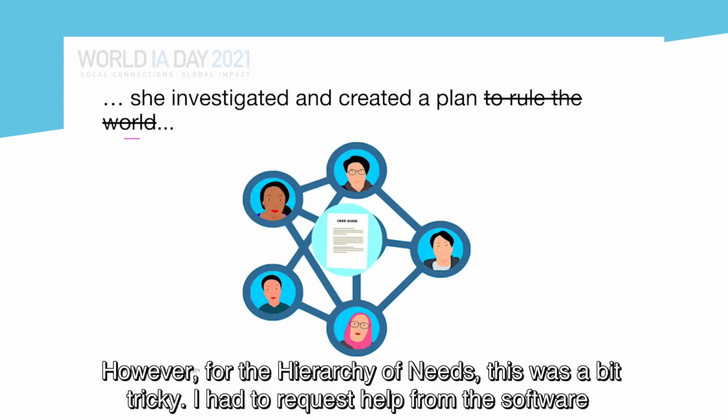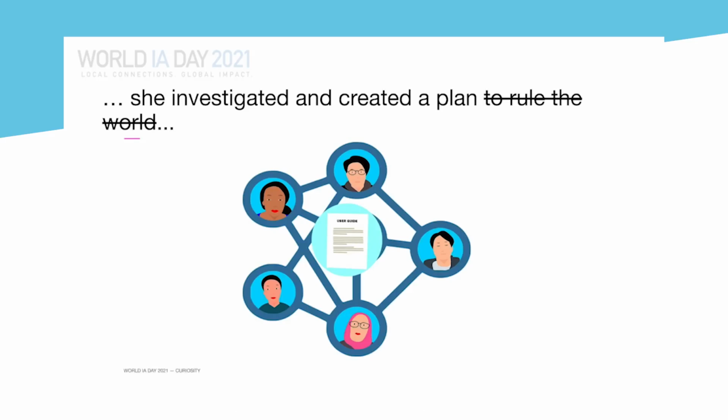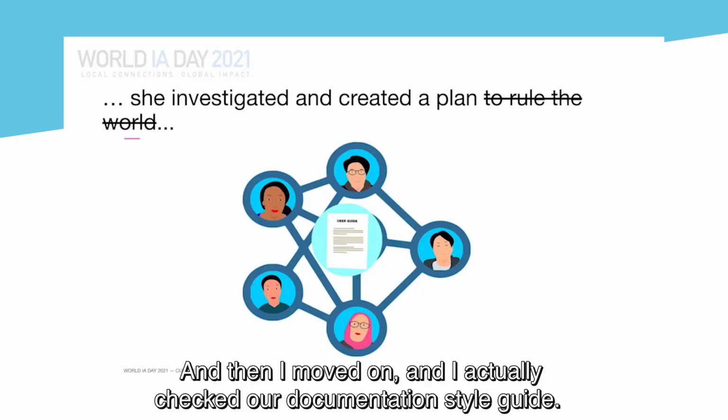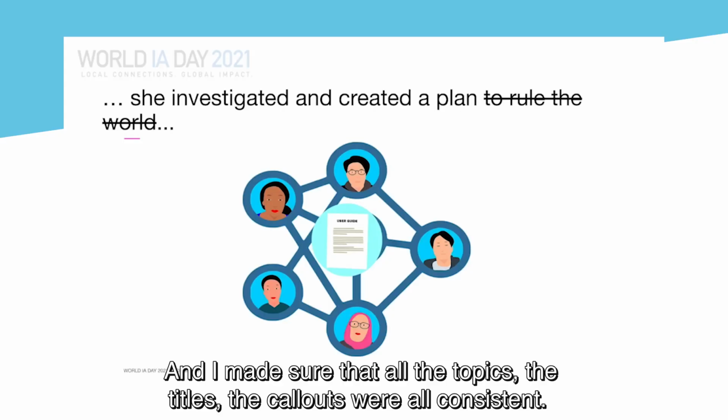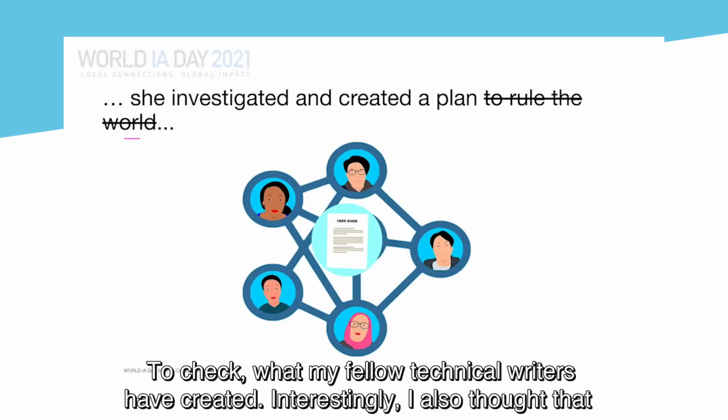I had to request help from the software development team to identify those things because I wasn't familiar with the entire product. And then I moved on and I actually checked our documentation style guide, and I made sure that all the topics, the titles, the callouts were all consistent. I went ahead and checked the other documentation available in the library to check what my fellow technical writers have created.